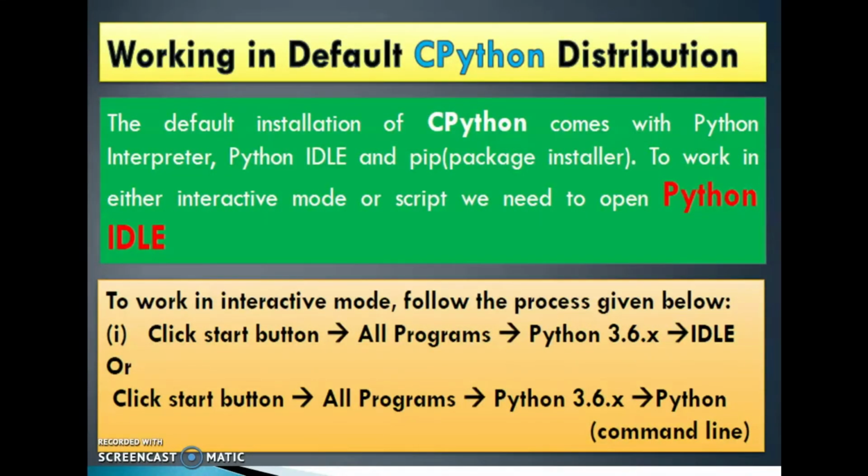Then, working in the default CPython distribution. The default installation of CPython comes with the Python interpreter, Python IDLE and pip. IDLE means Integrated Development and Learning Environment. To work in either interactive mode or script mode, we need to open Python IDLE.